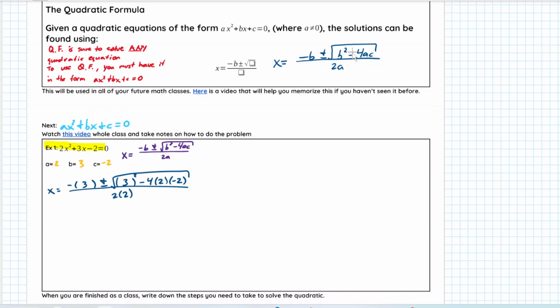And then we just follow PEMDAS. We don't need the parentheses for that negative 3, so we're just going to write it like this. Negative 3 plus or minus 3 squared.